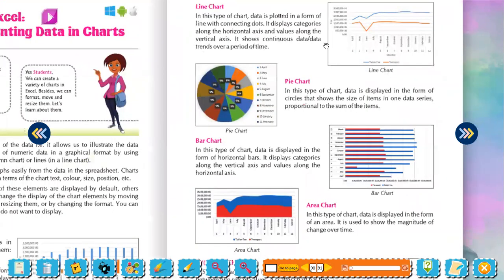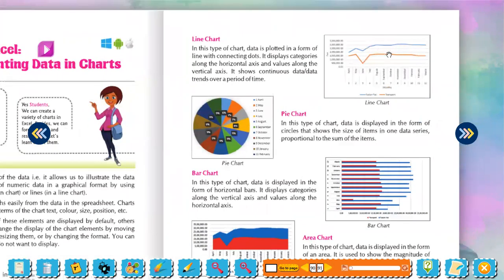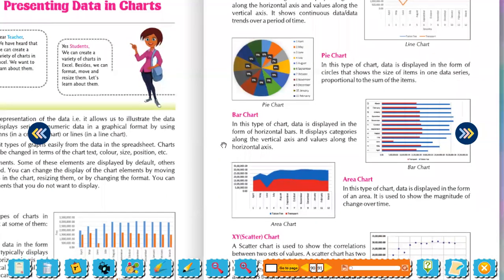This is the comparison of runs between two teams. By this chart we can understand how the movement of the runs was in the cricket match. It is also used in different places or different fields. Charts are very useful. Why? Because by one simple look we can understand the comparison of the data or the data flow, right?